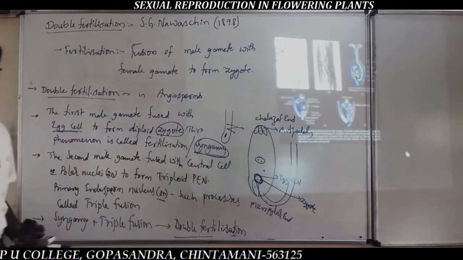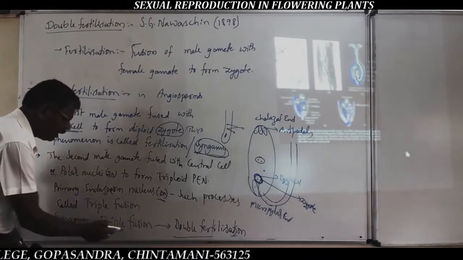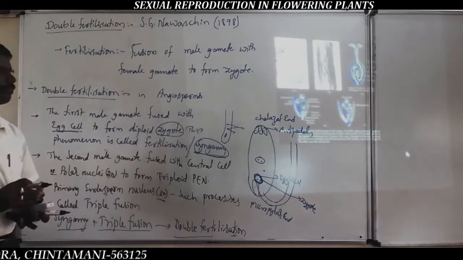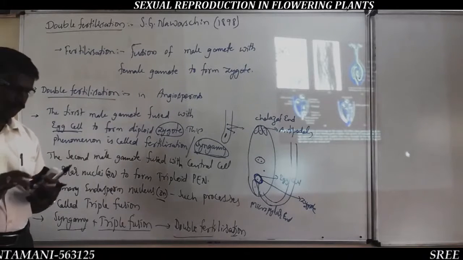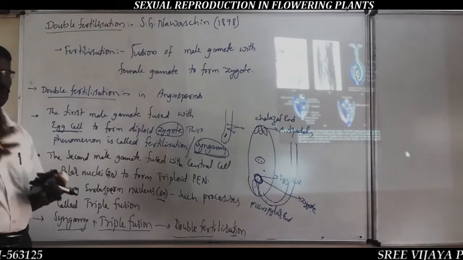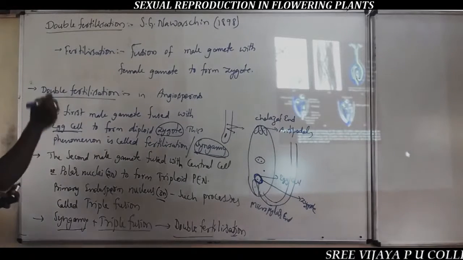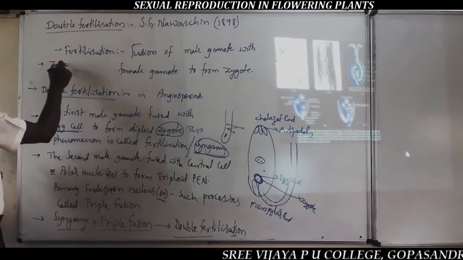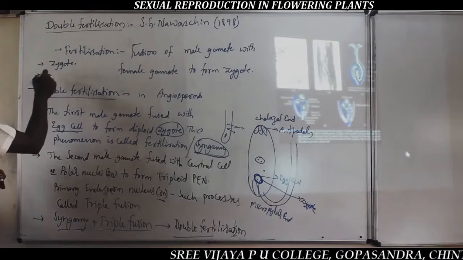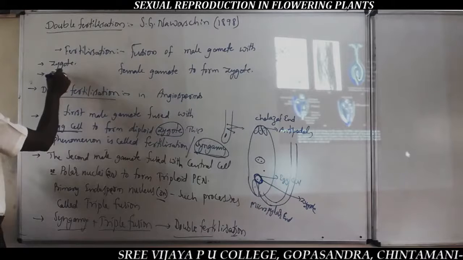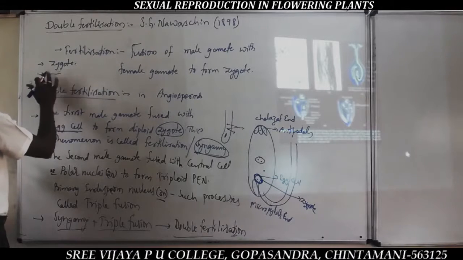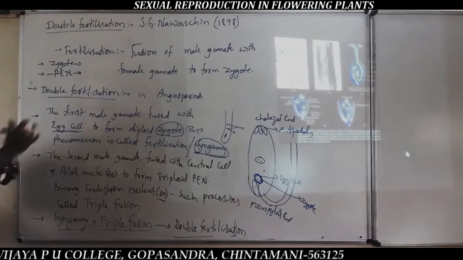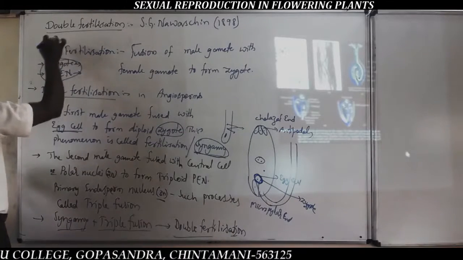By double fertilization, two products are formed. The first one is the zygote, and the second one is the endosperm, that is, the primary endosperm nucleus. These two are the products of double fertilization.